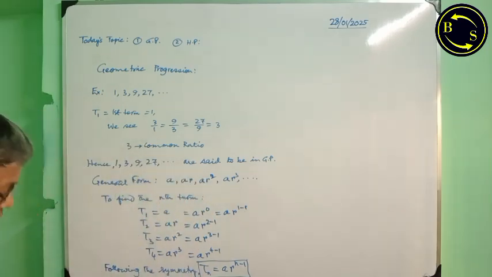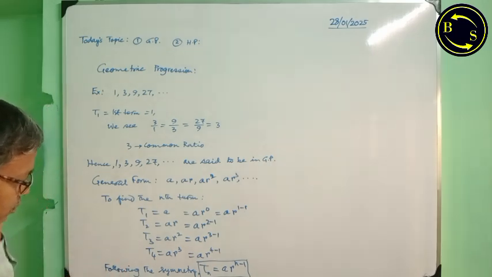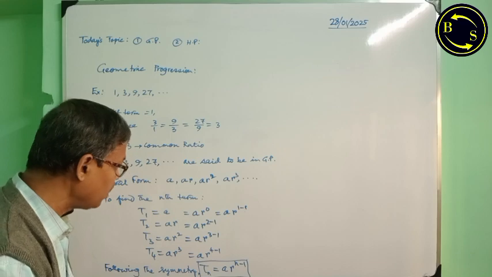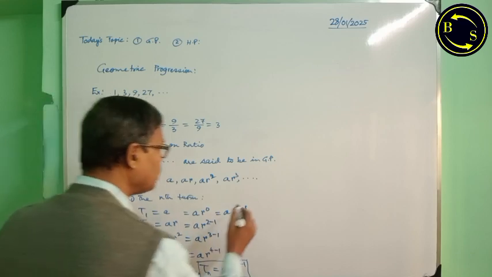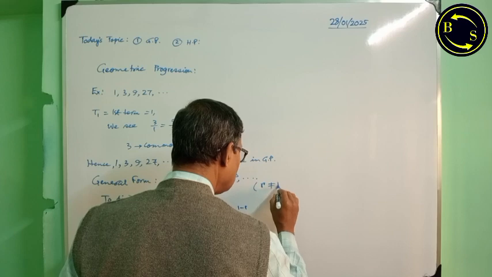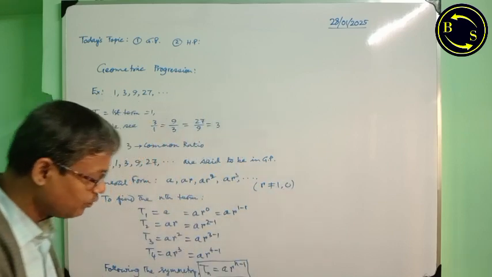Nth term of GP having a first term and r common ratio will be equal to a into r to the power n minus 1. One thing to mention, r is not equal to 1. Of course, that is not 0.